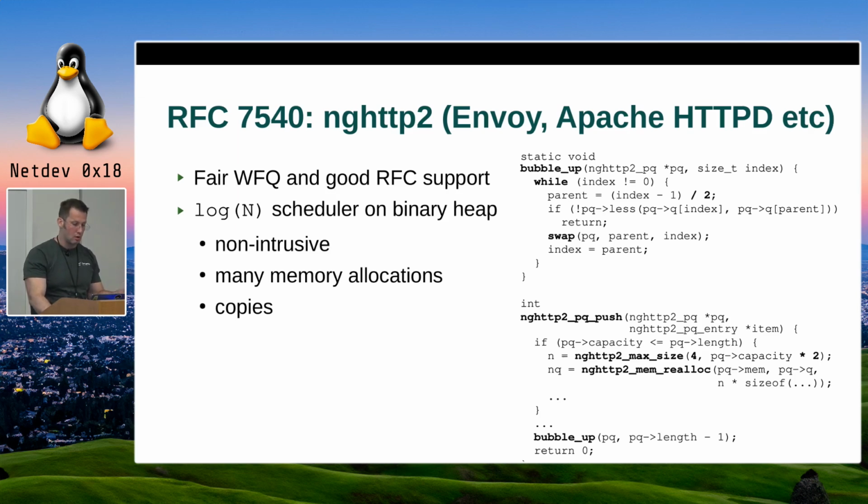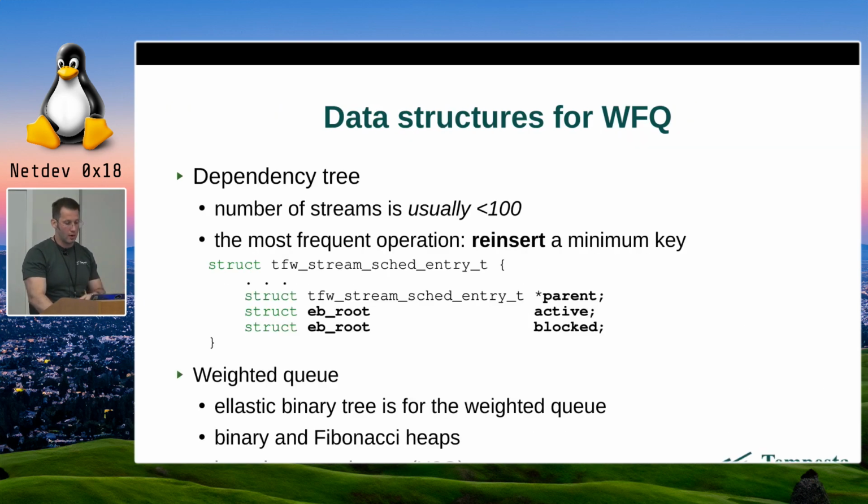However, it uses utility data structures, a binary heap, just to manage dependencies and fetch the next stream. The binary heap just copies on the insertion operation, so it seems to us not as fast as H2O. So we wanted to get something closer in performance to H2O, but more fair like nghttp2.